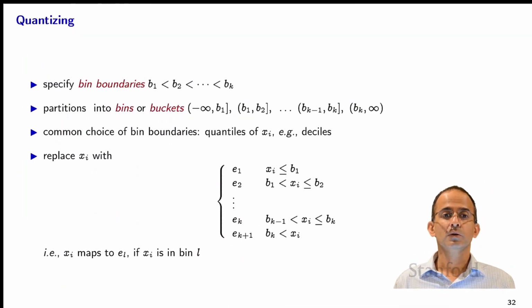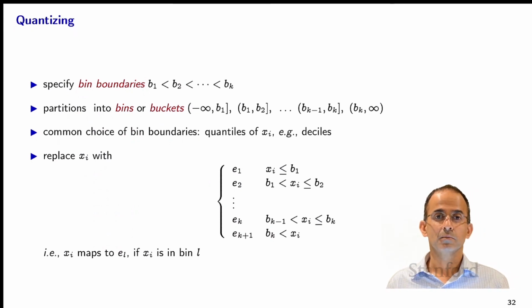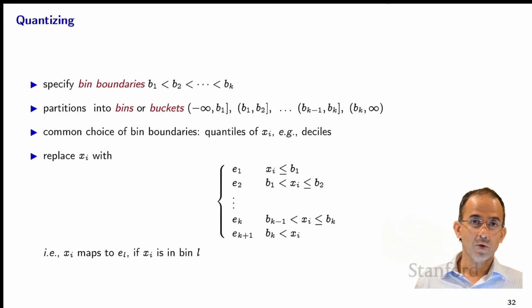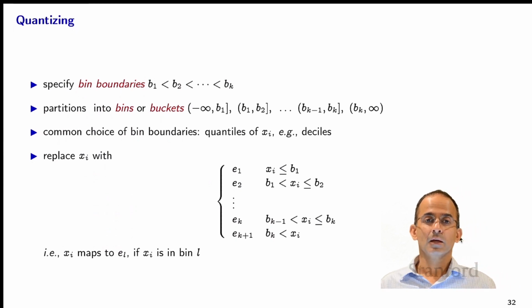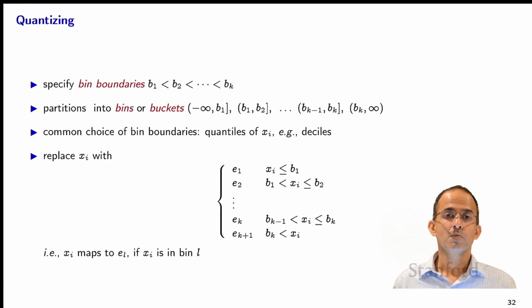Another thing one can do in feature engineering is quantization. We specify bin boundaries, B1 through BK, and we partition the real numbers into buckets. The interval from B1 to B2, from B2 to B3, and so on. And then we replace x by the following.